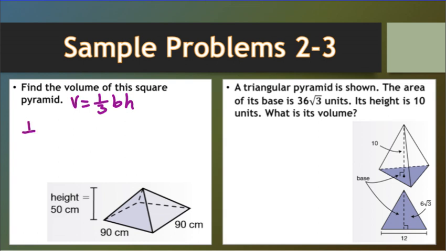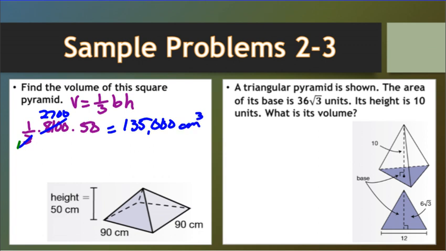So take 1/3 times the base, it's 90 by 90, so 90 by 90 would be 8,100, times the height, which is 50. And I can simplify here. 8,100 divided by 3 gives us 2,700, and 2,700 times 50 would give us a volume of 135,000, and this would be cubic centimeters.